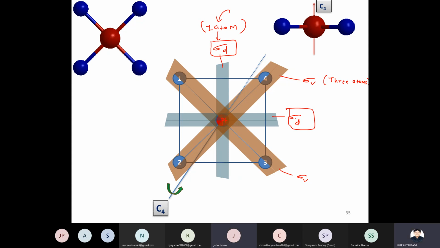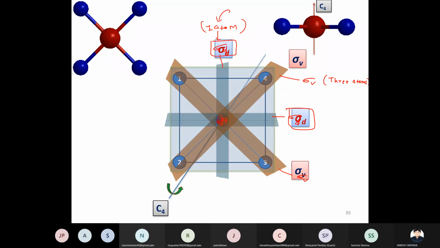So out of 4 sigma V, you can have 2 sigma D and 2 sigma V. So this is called a diagonal plane. These 2 are sigma D and these 2 are sigma V planes. And what do we call this green color plane?